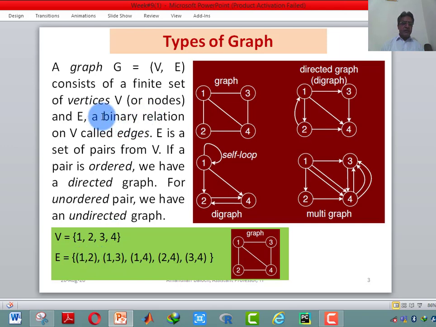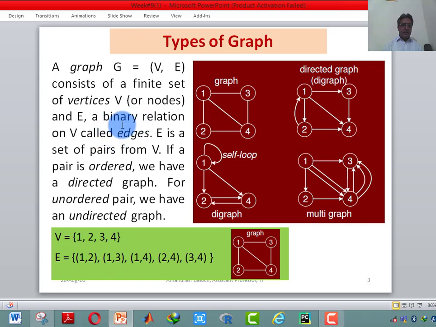E is a binary relation on V called edges. From the V set we have taken 1, and from the V set we have taken 2. These are 2 vertices taken from set V, and these are representing an edge.